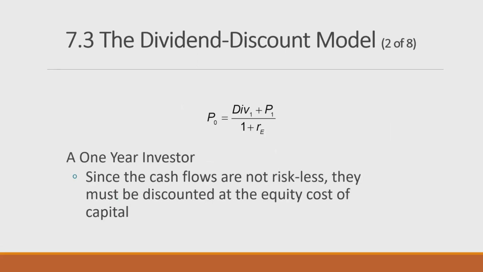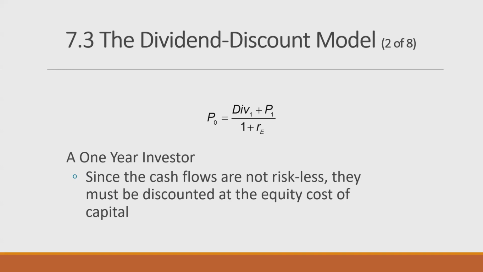When an investor purchases a stock, they acquire it at the prevailing market price per share, which is denoted as P0 that you see here. While holding the stock, they anticipate receiving dividends, which is represented by the DIV1 here. They're hoping to receive dividends throughout the year.